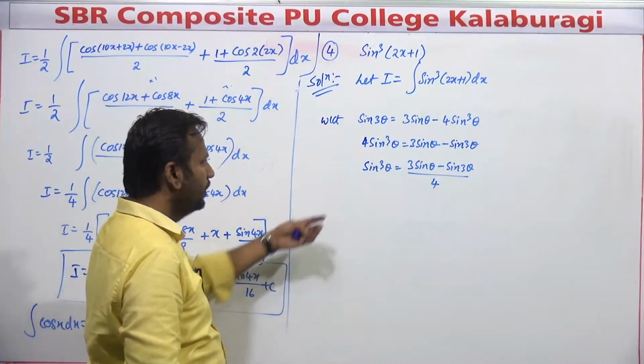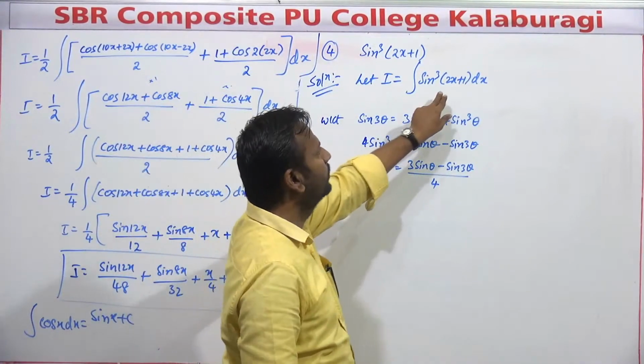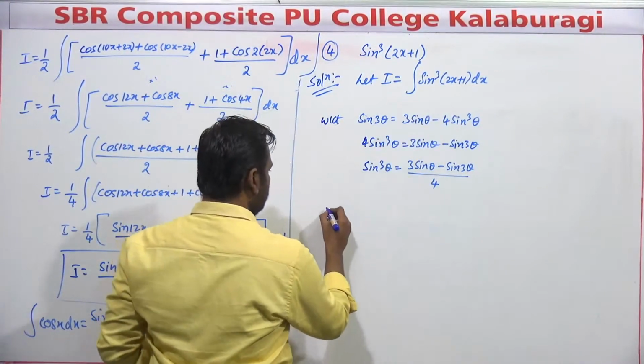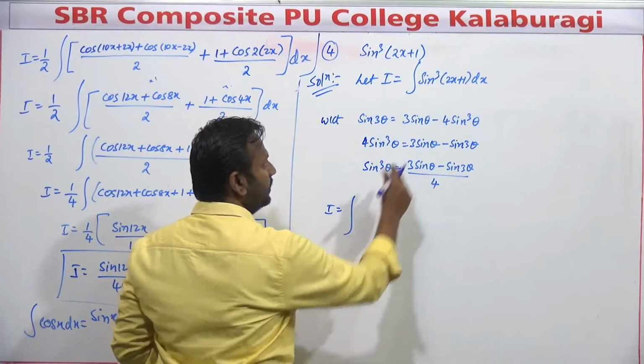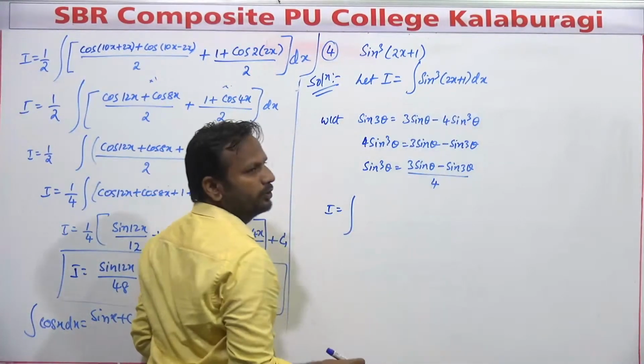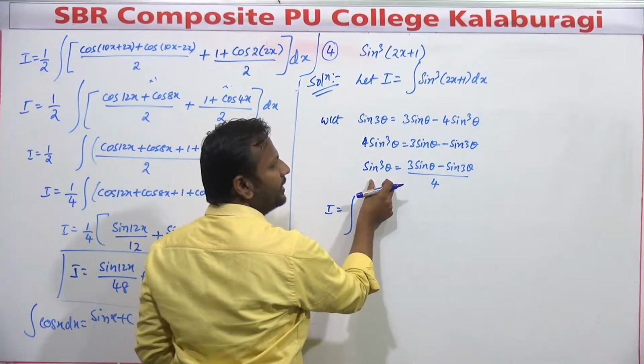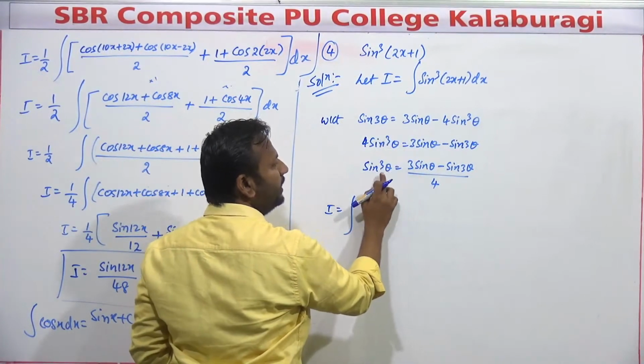Got it? So now substitute this into this. So I equals sine cube theta, where theta is 2x plus 1. It's sine cube, to the power 3 there.